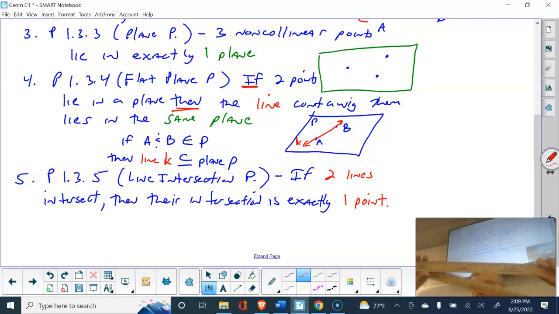So you got one line, right? If these two intersect, there's that one point where they intersect right there.